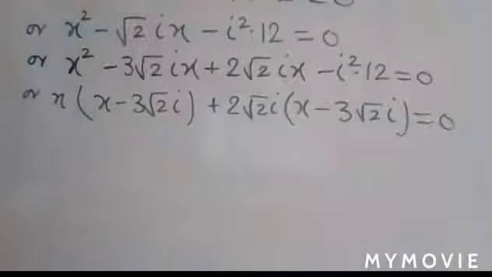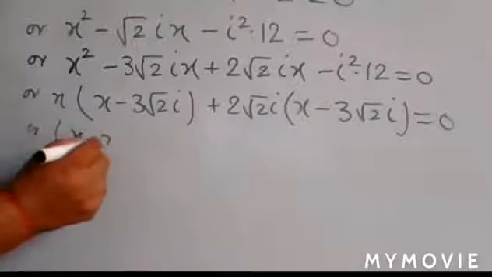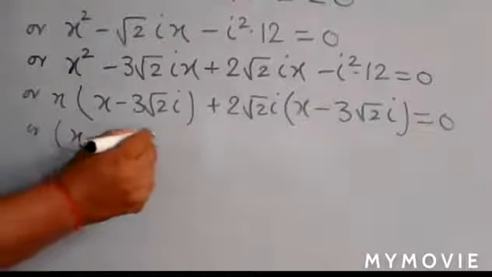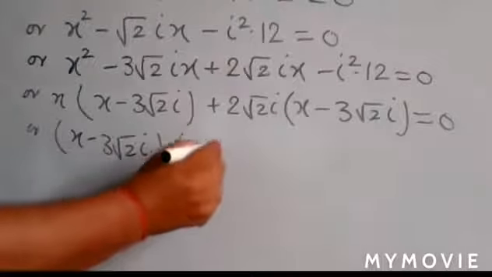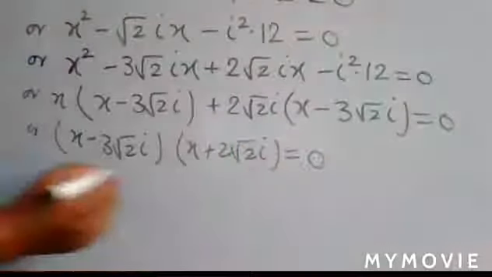Now again you have to take common x minus 3 root 2i. So here you have x plus 2 root 2i, understand? That is equal to 0.